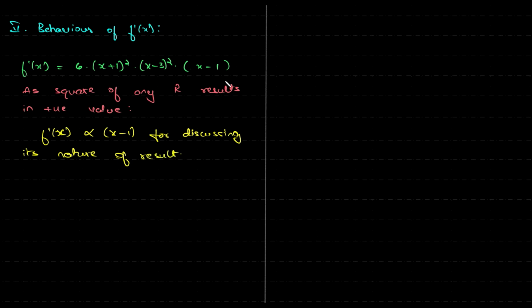Right? Only x minus 1 will determine if it's going to be positive or negative. Everything else is, as you can see, square, square, and this is a constant.